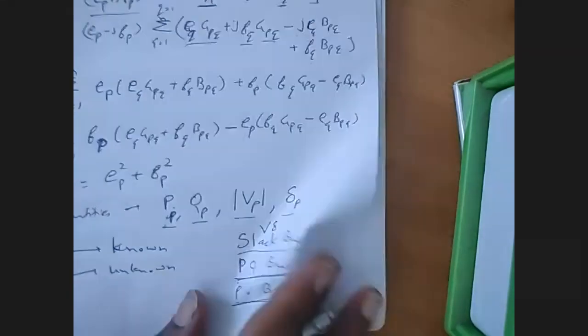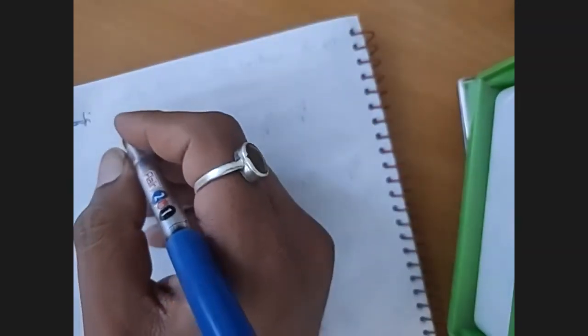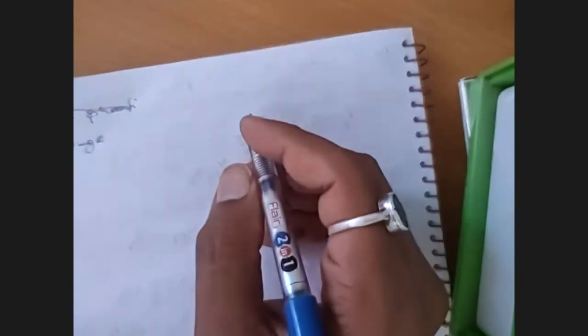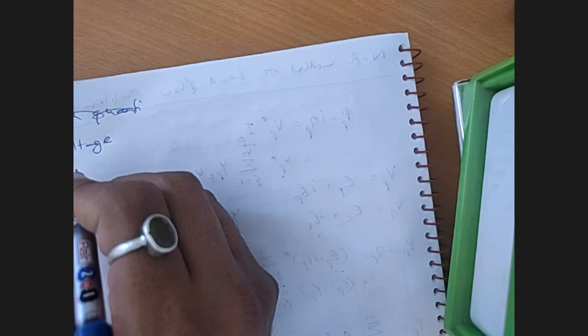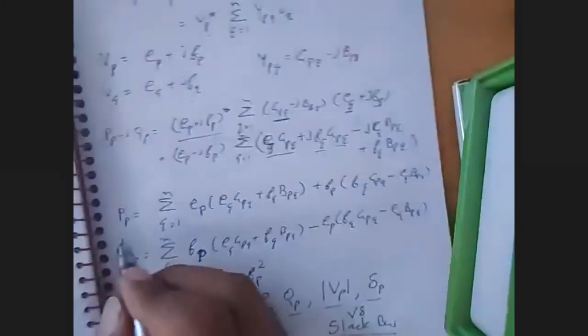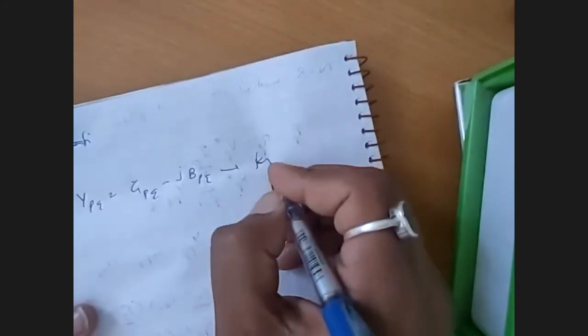So when we are talking about the equations of PP and QP, Y_PQ equal to G_PQ minus jB_PQ is a known quantity always.